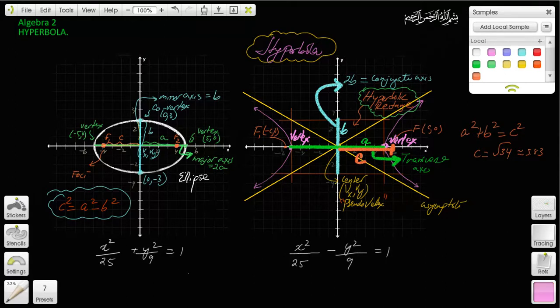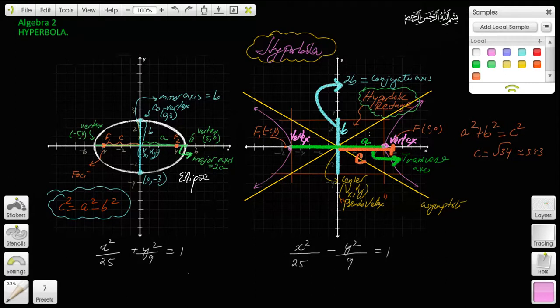A hyperbola has proper vertices, and they are here. It has two vertices, and the ordered pairs that correspond to the vertices are related to the center, at a distance from the center on either side. Those are the vertices. Now, a hyperbola also has two foci.